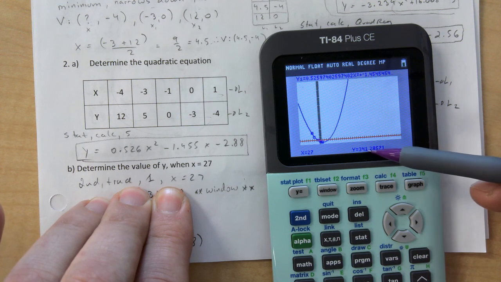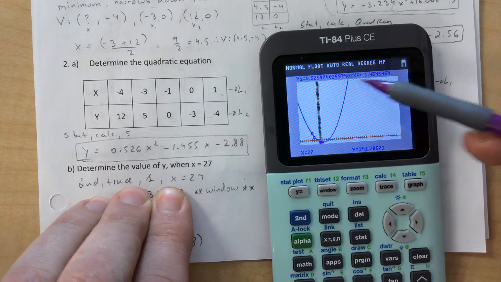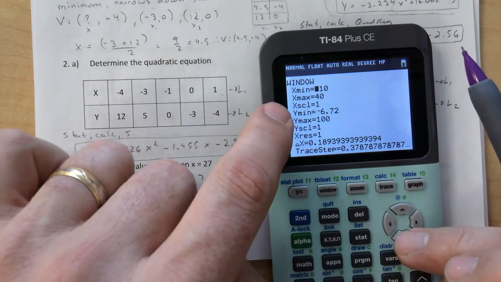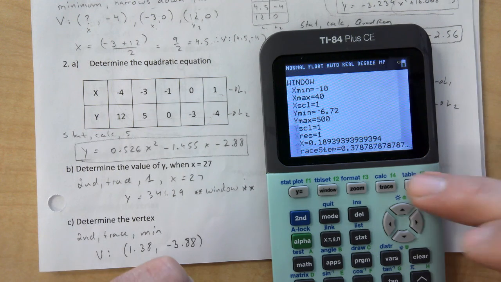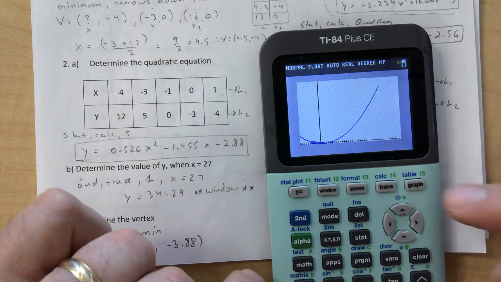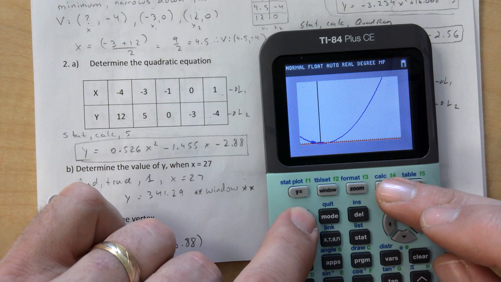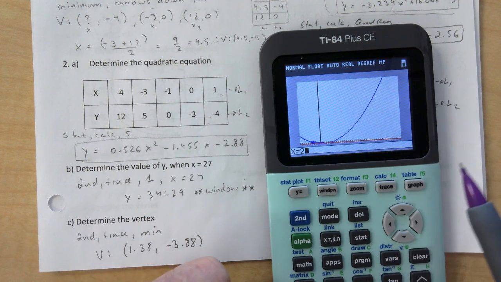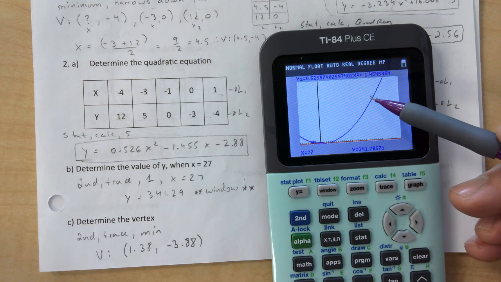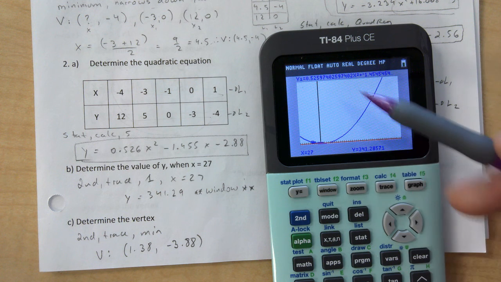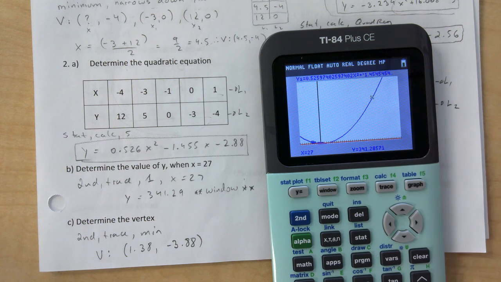Like, if you wanted to see that, you know that your y max right now is only 100, right? So if you change that to 500 and then press graph, you're going to see more of it. And then you can go second trace 1 and hit enter 27 again, and it will actually show up on your parabola, right? And so that's what I want you to be comfortable with: changing your window if you have to, and so forth.